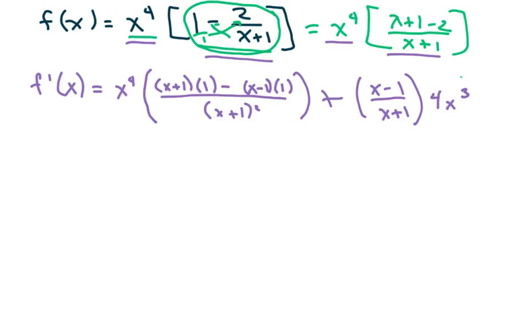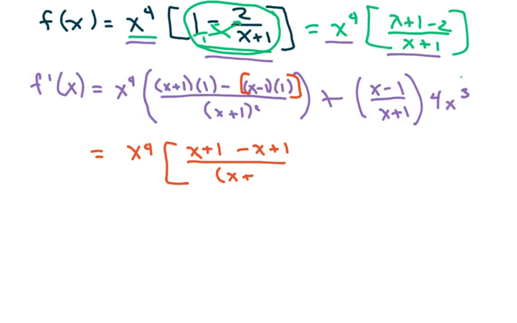All right, so if we clean this up a bit, I'll just write it out. So this is x to the 4th. This is going to be x plus 1 minus x plus 1 over x plus 1 squared.